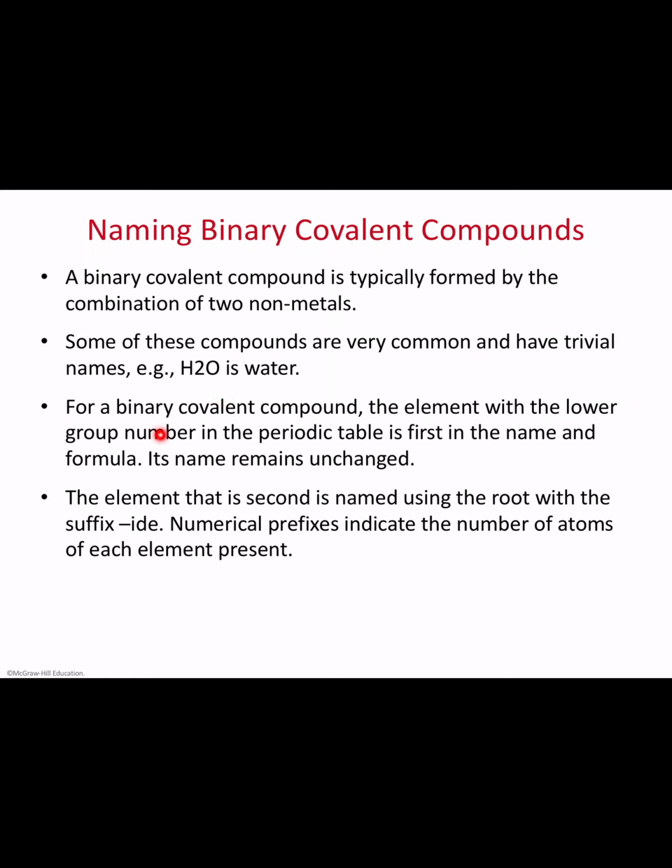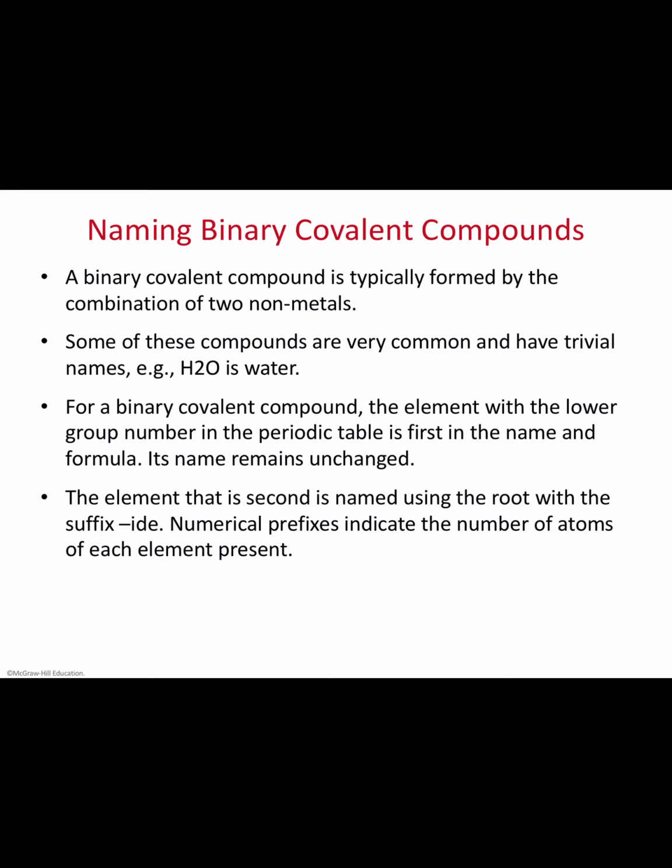Okay. For a binary covalent compound, the element with the lower group number in the periodic table is first in the name and formula. Its name remains unchanged. Just like when we were naming the metal, the name didn't change because that's the one that went first.